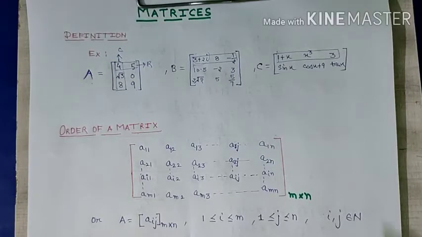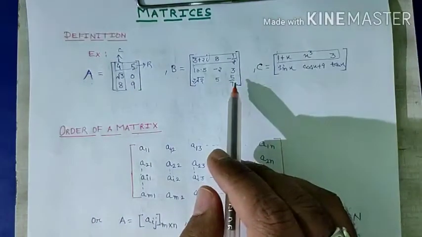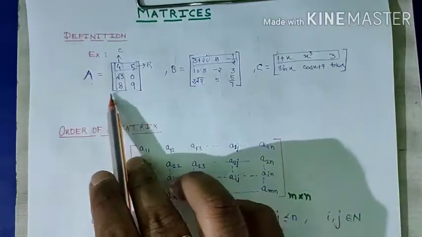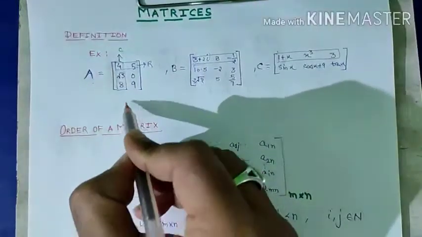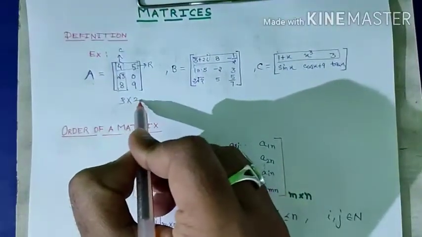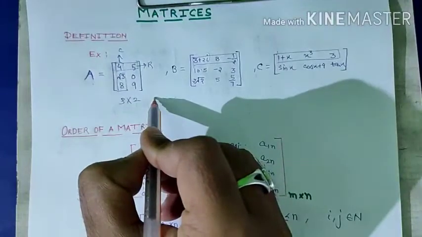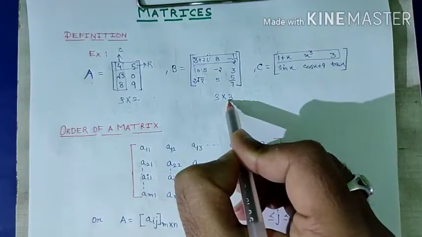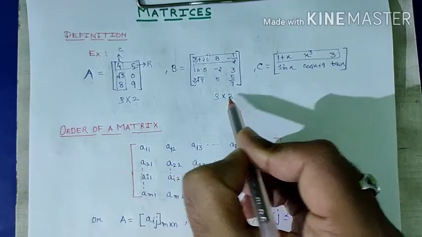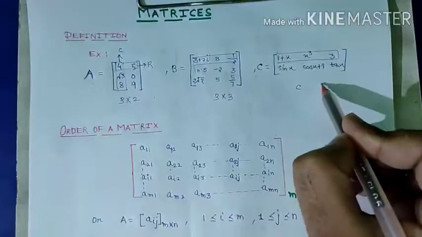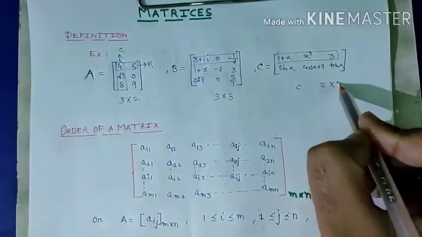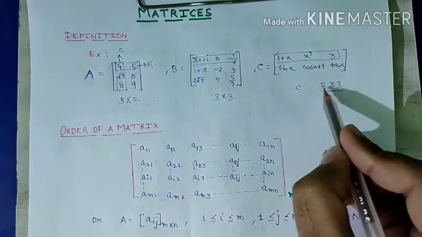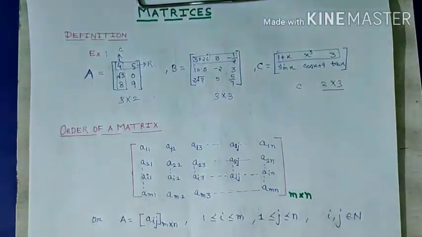So referring to the above examples of matrices, we can have A as a 3 by 2 order matrix, B as a 3 by 3 order matrix, and C order is 2 by 3. We are marking a multiply sign, but we will say it as 2 by 3. Just remember this.